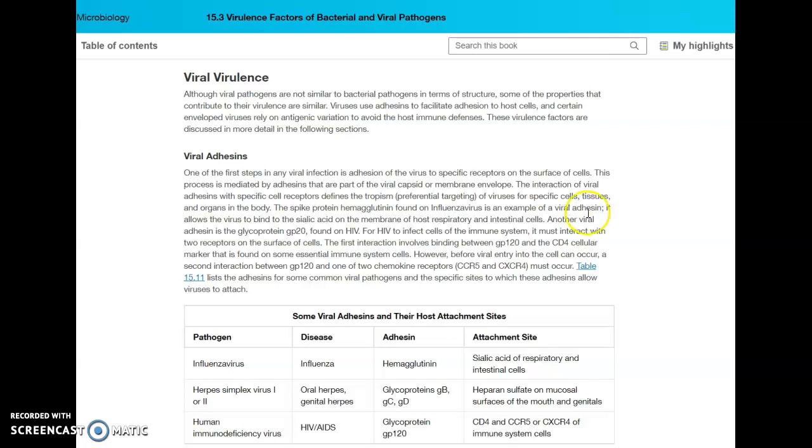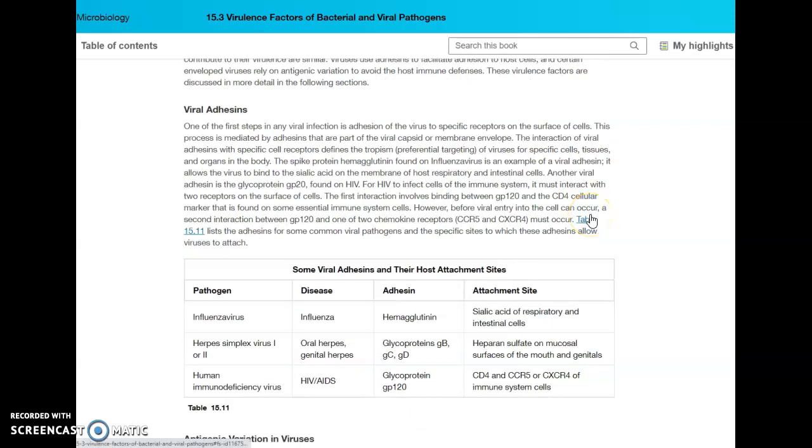For example, we have hemagglutinin, or the H that we refer to when we talk about influenza viruses. Hemagglutinin allows the influenza virus to bind to a specific acid on the membrane of host cells. And this is referred to as a spike protein.